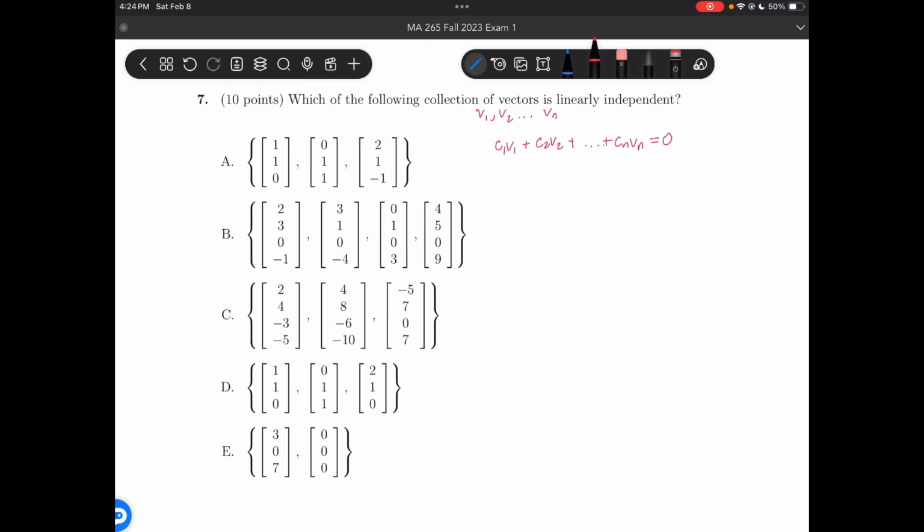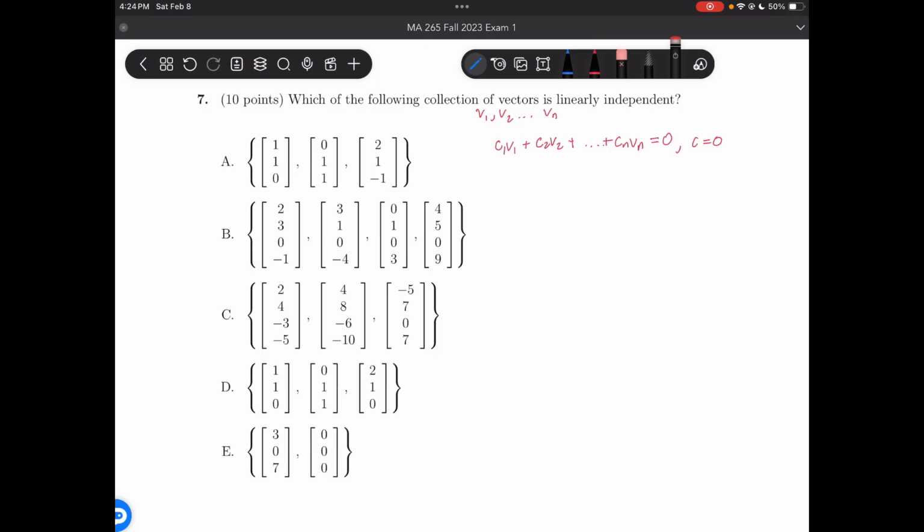This equation has only one possible solution, so basically any linear combination of that set of vectors can only equal 0 if all of the constants equal 0 as well.